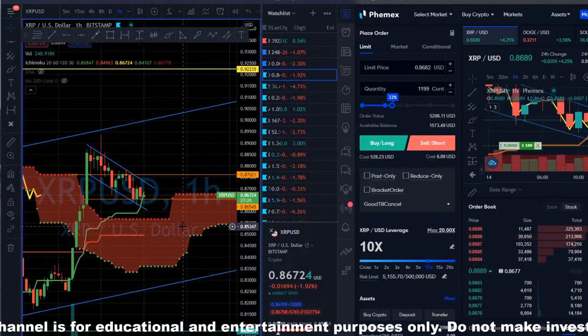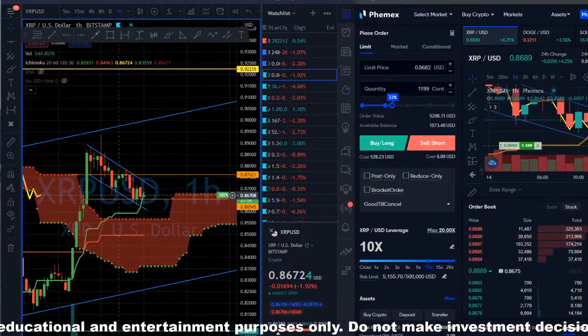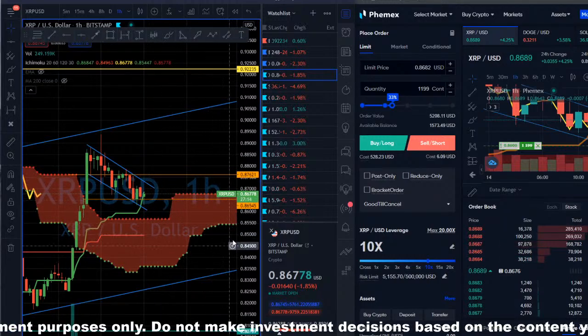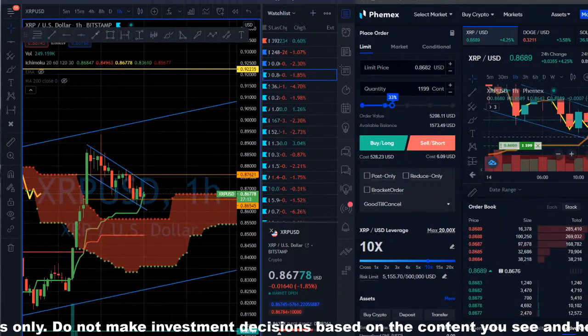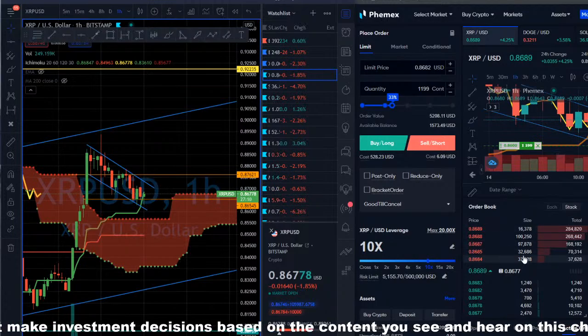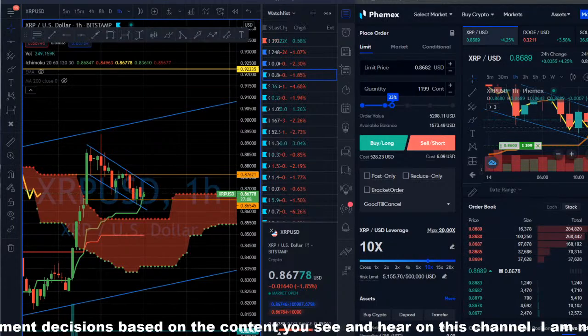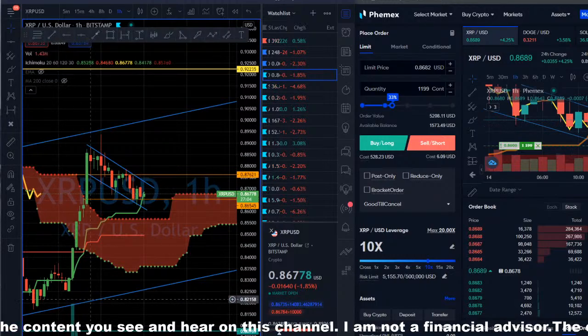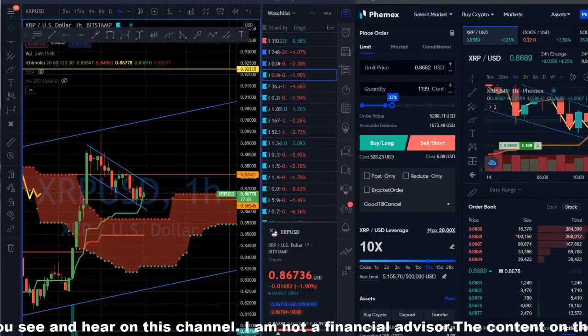Now we wait until we get filled. Hopefully this blue flag plays out and we go forward. Depending on where we get filled here, let's see if it's going to meet us. All right, cool.